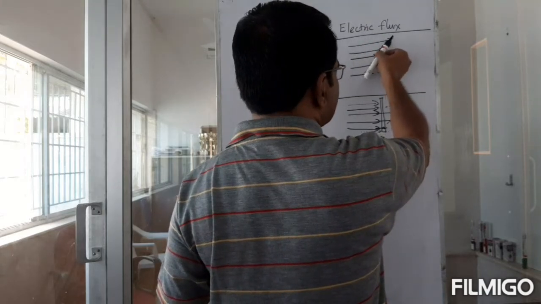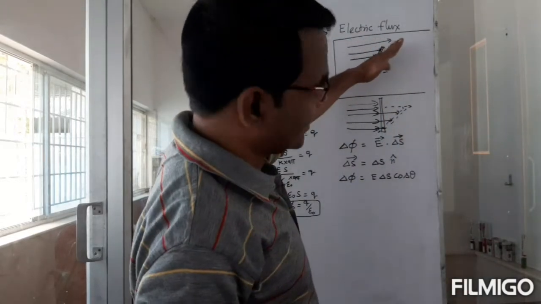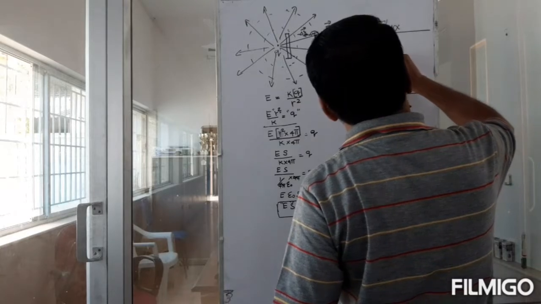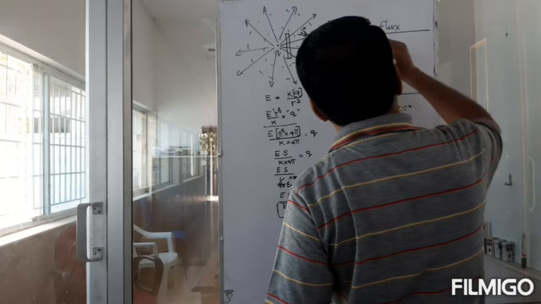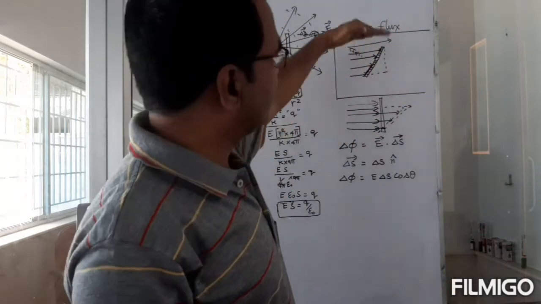But now, the entire area is not participating. There is a slight tilt, which means that you are going to have the vector of this area like that. So that is the n vector of the area, the area vector. Now it's tilted.